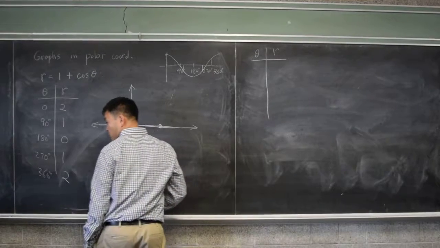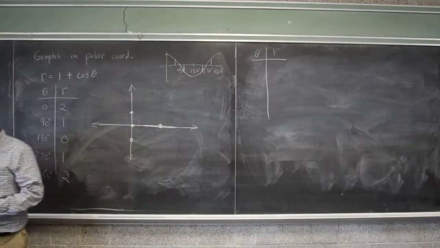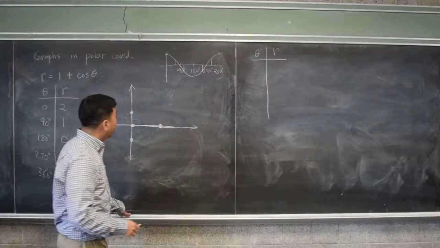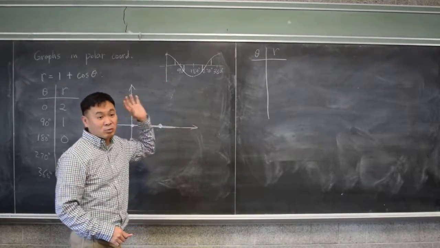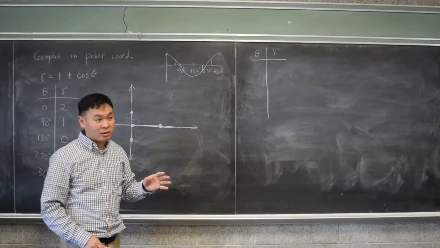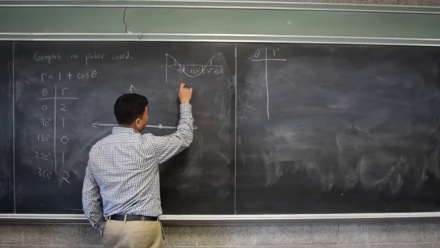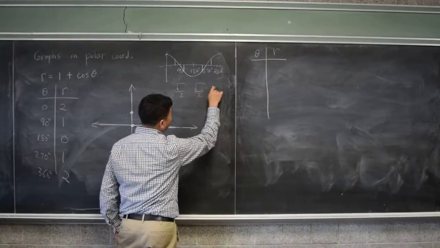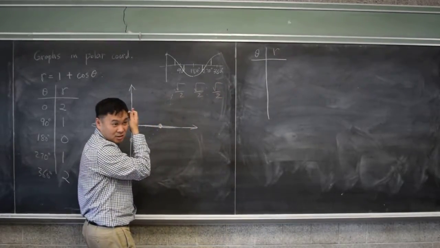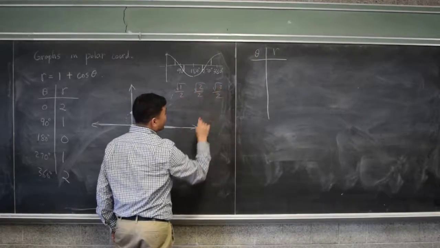So for those of you who are not so confident with trig functions, let me briefly tell you that the values of cosine at so-called special angles, which are angles that are multiples of 30, 45, and 60 degrees, always follow the pattern of these three values. They all look the same, and it's easy to remember. It's easy as 1, 2, 3.